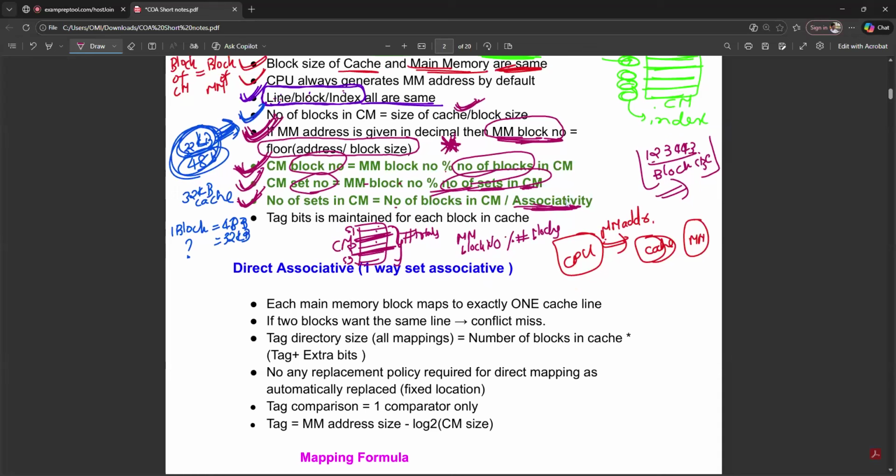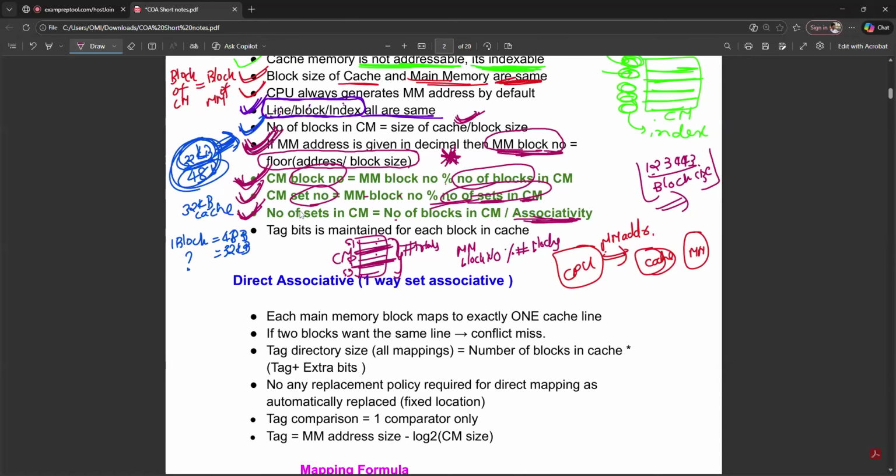I will explain associativity in a further slide, but please remember that to find the total number of sets, you first find the total number of blocks with this formula, then divide it by associativity.